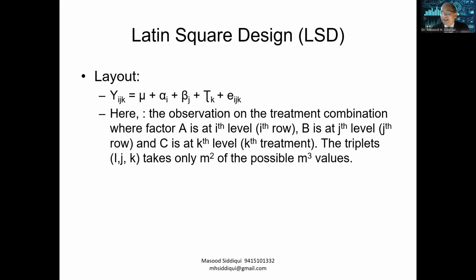Now here the layout that we use is Yijk, where i varies from 1 to M, that denotes factor A at the ith level, that is the ith row.